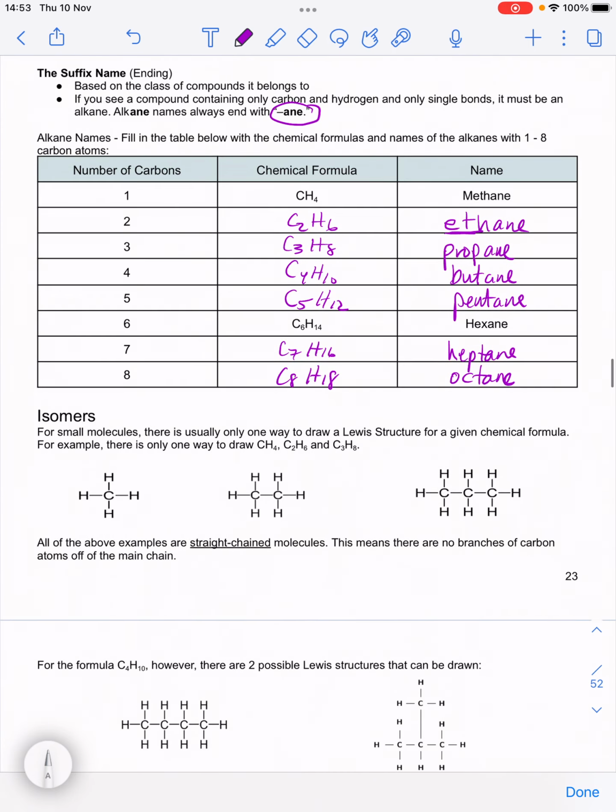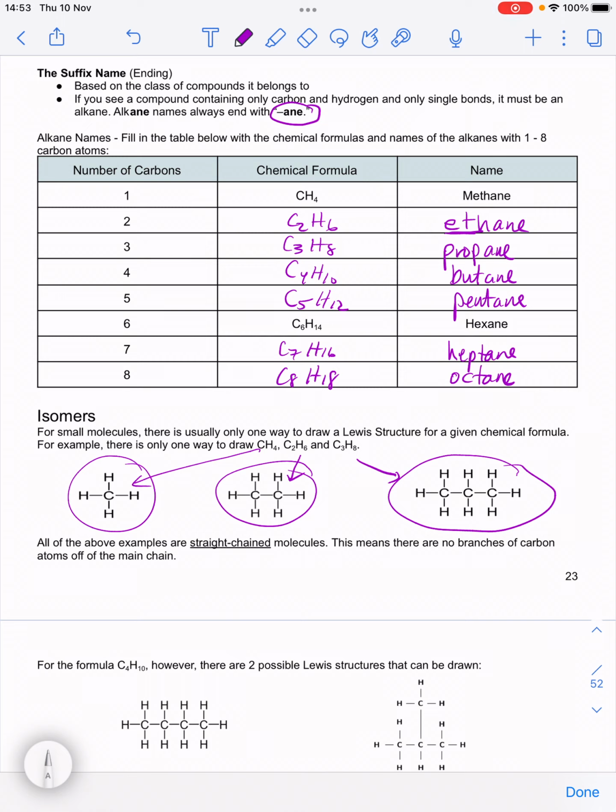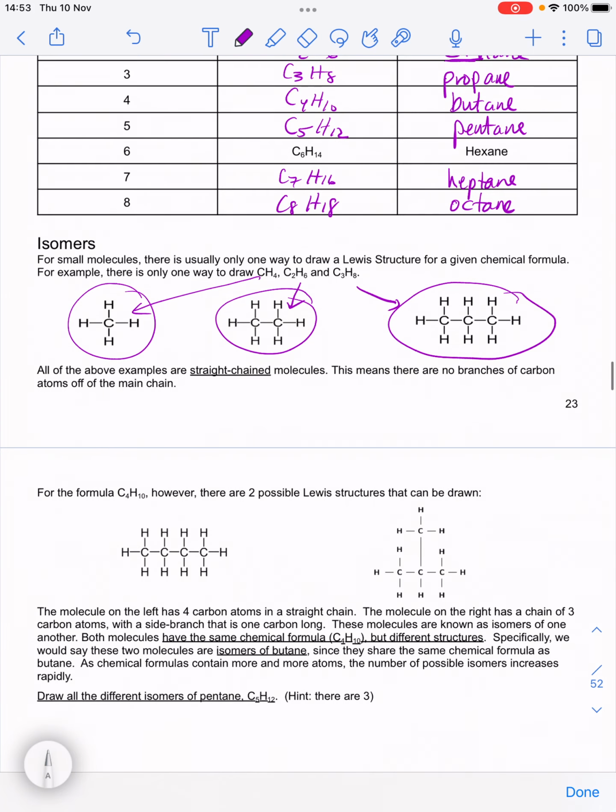Okay, now when we have small molecules, it's pretty simple, and we can use these condensed formulas like CH4 to represent this, and C2H6 represents that, and C3H8 represents this, propane. These are all nice and straight chained. The carbons are one after the other in a row. But when you get to 4 carbons, you start to actually have more than one possible way that you can draw them.